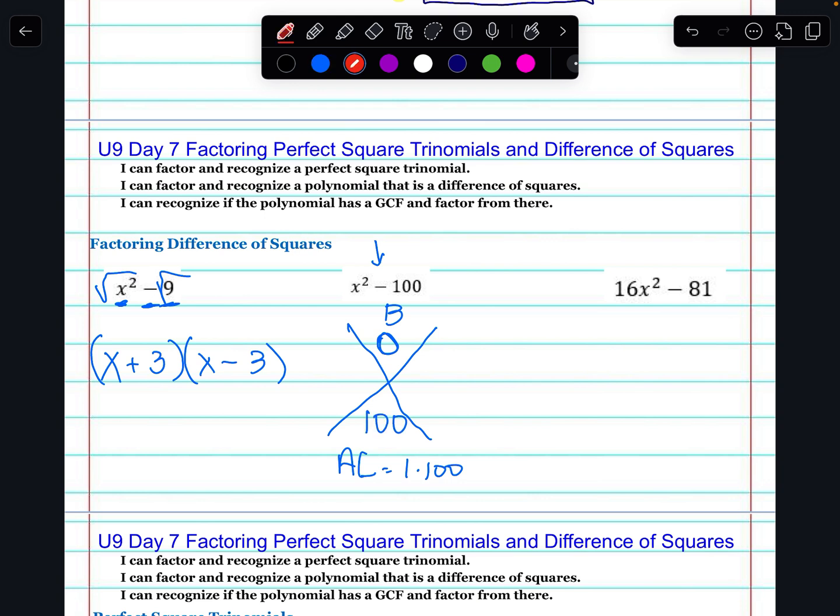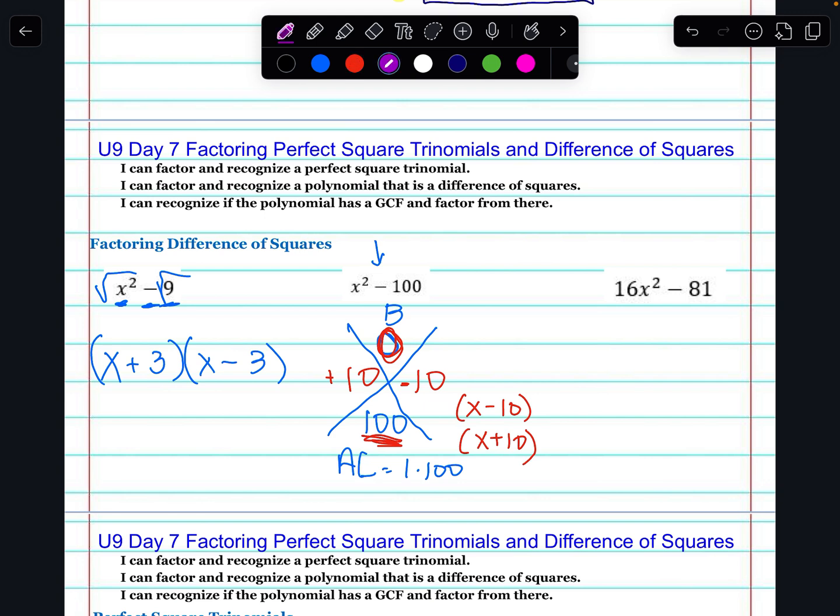The only way that we can multiply to get 100 and add them to get a 0 is if they're complete opposites. And that's what's nice about the perfect squares. One has to be a positive 10 and one has to be a negative. So the factors of this one would be x minus 10 and x plus 10.